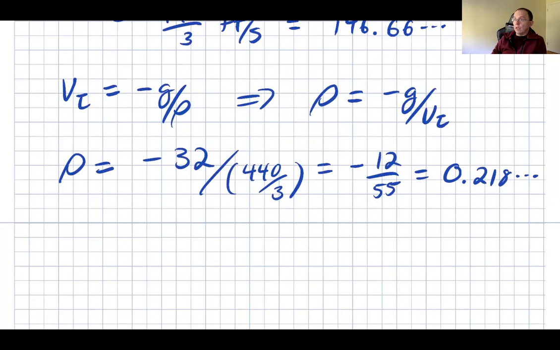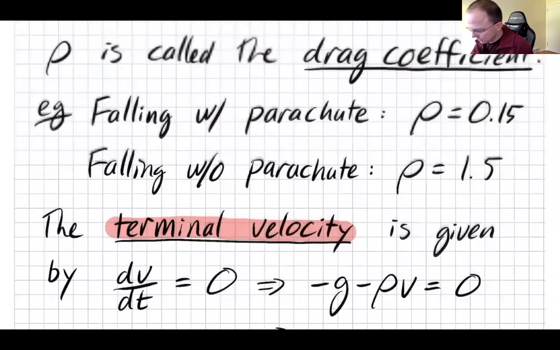Without a parachute, I think it was 0.15, and with a parachute, it's like 1.5. Maybe I had those backwards. Let me just go up and have a look. Where did I write that down? Oh, here it is.